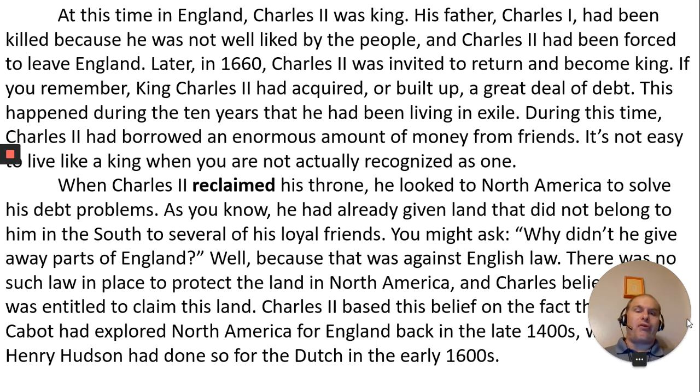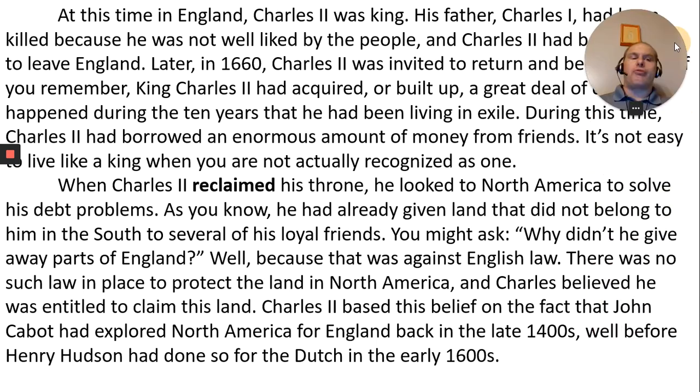When Charles II reclaimed his throne, he looked to North America to solve his debt problems. As you know, he had already given land that did not belong to him in the south to several of his loyal friends. You might ask, why didn't he give away parts of England? Well, because that was against English law.